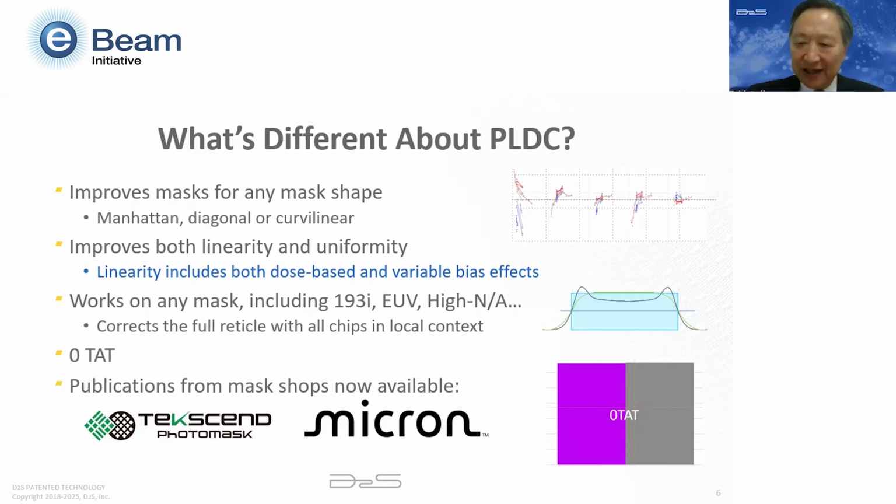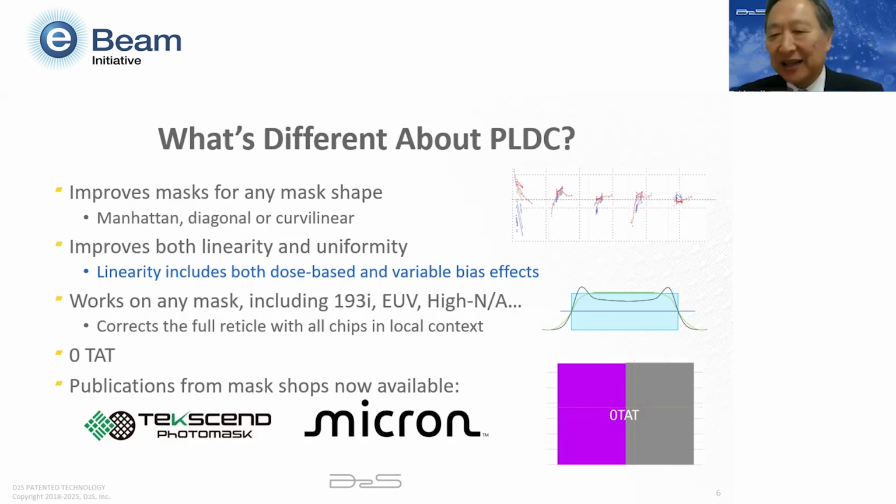In offline vertices-based, polygon-based correction, the conventional MPC, the computing time is counting on, especially for 193i and before, that chips are repeated. So you compute OPC or ILT and you compute MPC once, and then you step and repeat.